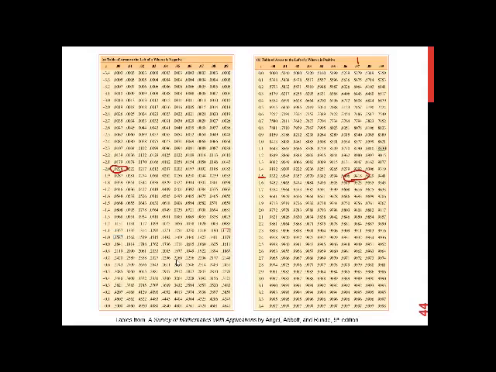And for that I need to go back to my table. We'll start at negative 2.3 and we'll go to our 0.02 column, and it looks like the area to the left of negative 2.32 is 0.0102.